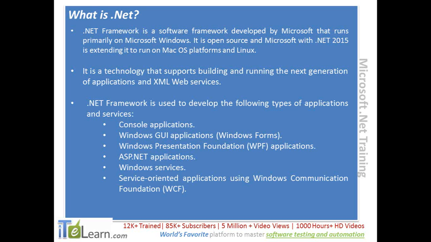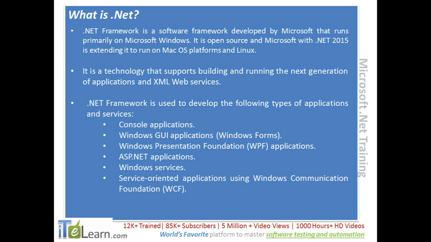So as you can see, it says the .NET framework is a software framework developed by Microsoft that runs primarily on Microsoft Windows, and now it has been made open source with the .NET 2015, not prior to that. Okay, and it is extending to run on Mac OS platforms and Unix. All right. So it's a technology that supports building and running the next generation of applications and XML web services.